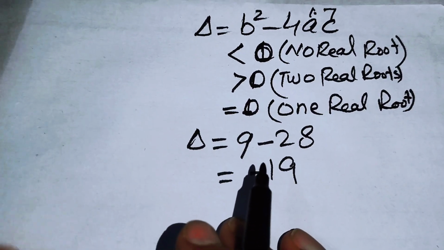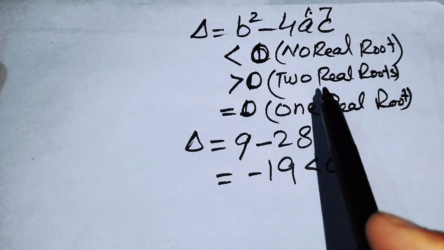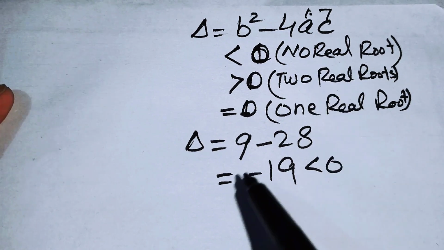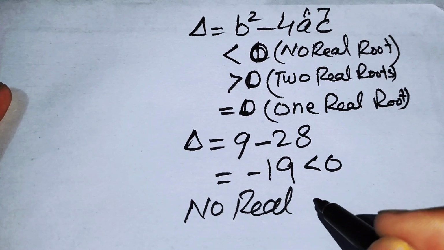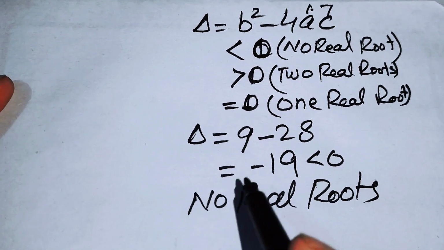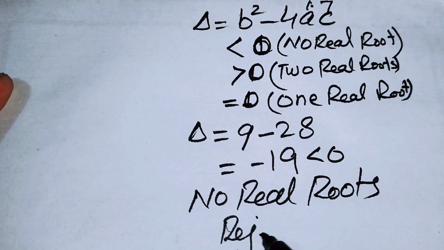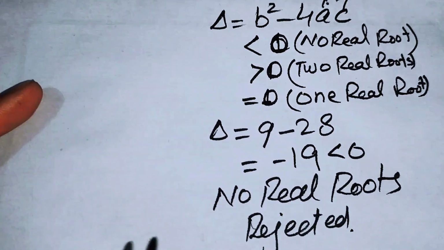Here you see that this is less than 0, and if delta is less than 0, then it has no real root. So this quadratic equation has no real roots, or it has complex roots, so we will reject these roots because here we need real roots only.